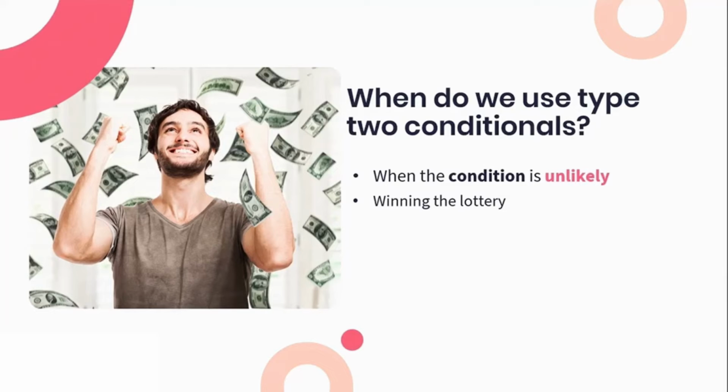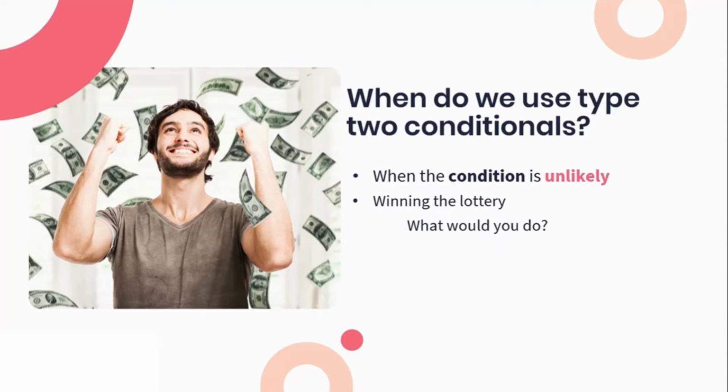No. So, therefore, when talking about what you'd do if you won the lottery, you would use the type 2 conditional sentence structure. So, what would you do? Would you buy a car? Would you start a charity? Would you pay your debt?